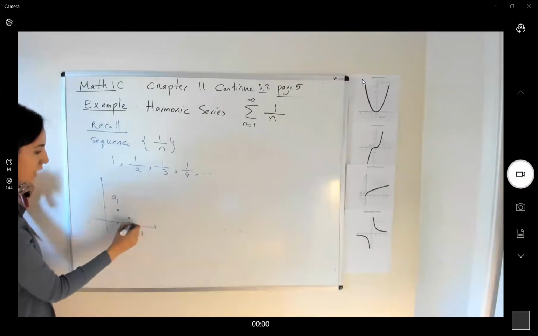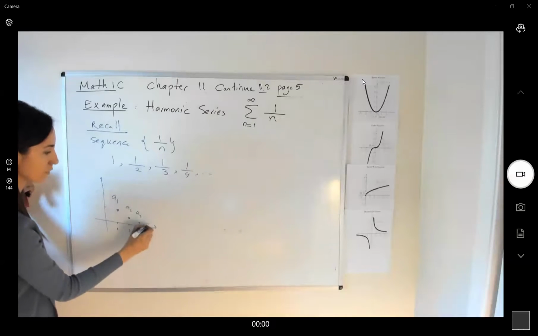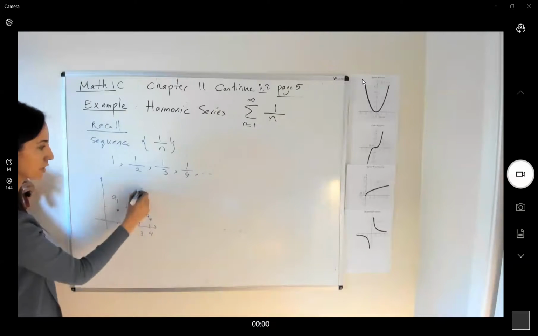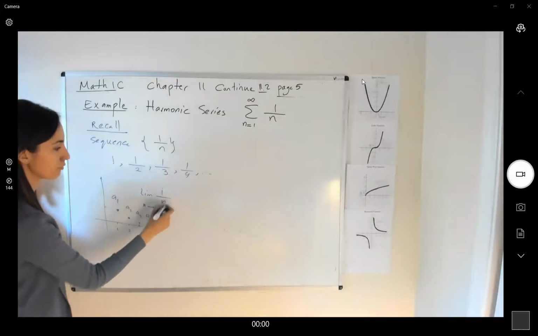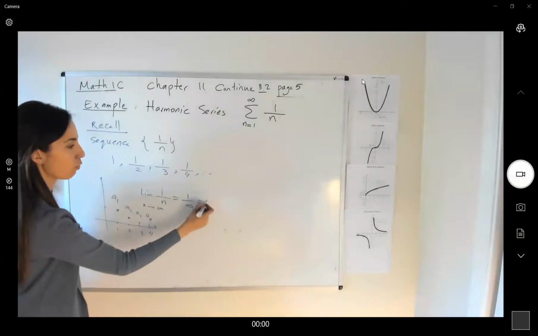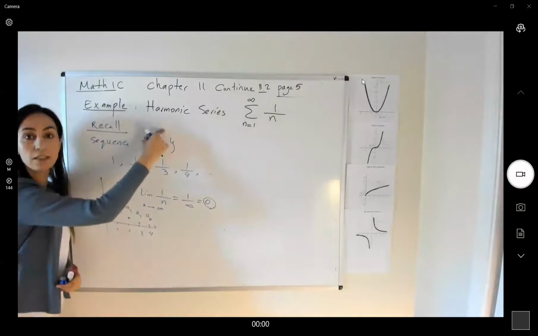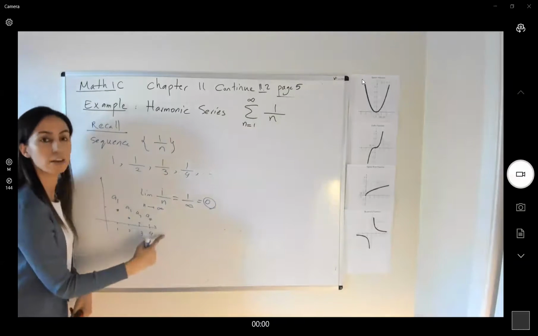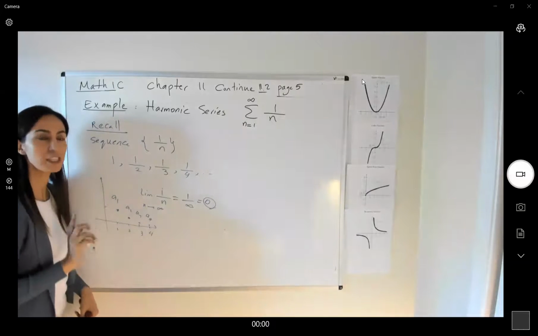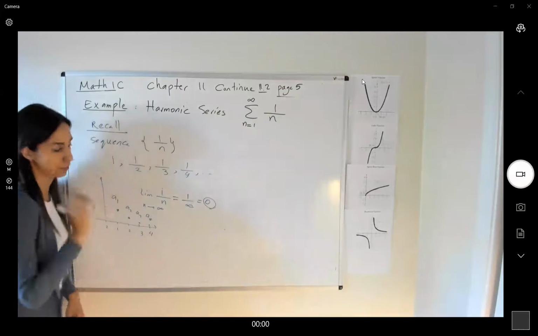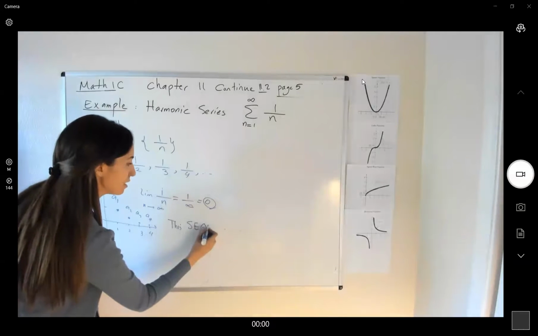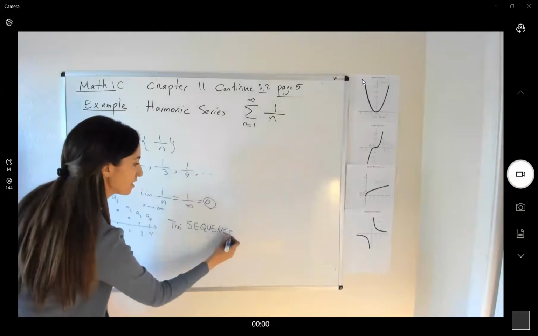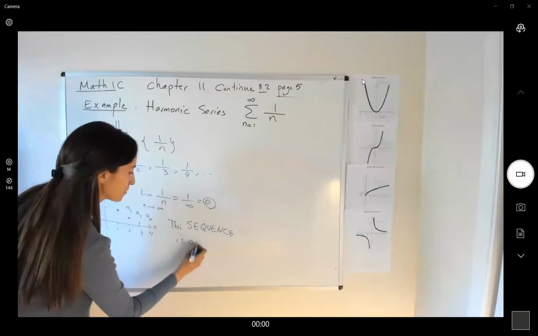At 3, you have a third, a sub 3. And at 4, you have a fourth. And if you remember, the limit of 1 over n, while n goes to infinity, is 1 over infinity, or 0. So this sequence is a convergent sequence. This example is very important. Again, this sequence is convergent.